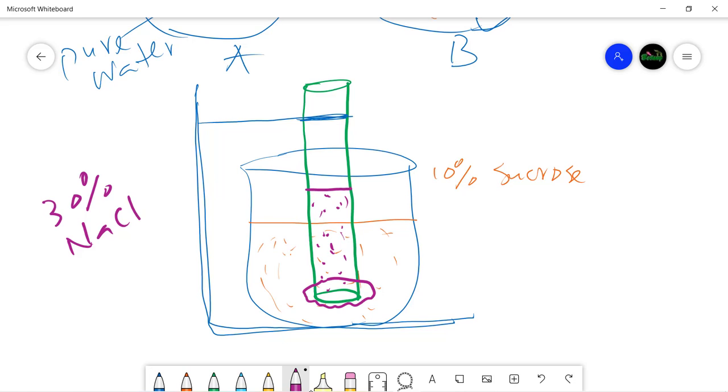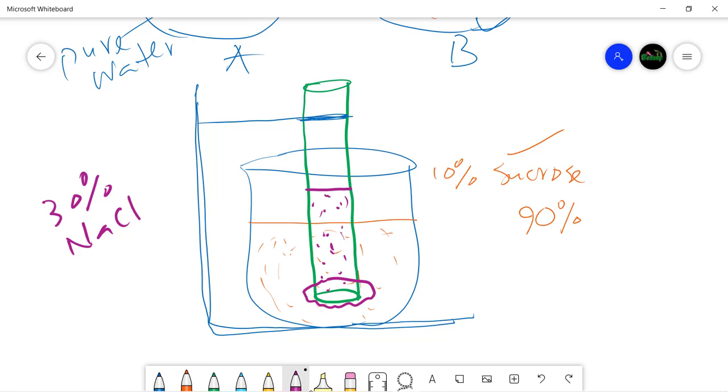We have two solutions. Now instead of pure water, we have two solutions. We have sucrose in the beaker. It's 10% sucrose. Obviously its chemical potential has decreased to a certain amount. And just to assume, as we saw just now, let's say its chemical potential has reduced from 100% to 90%.